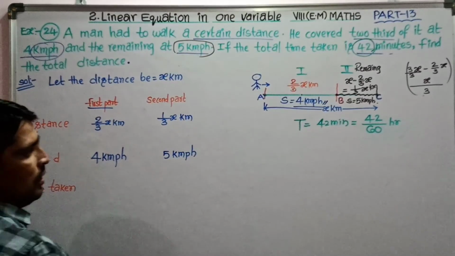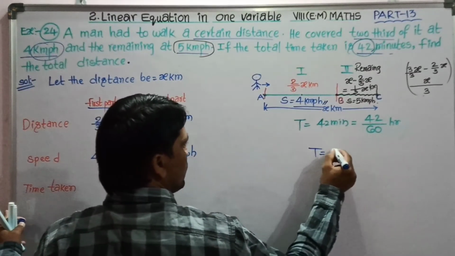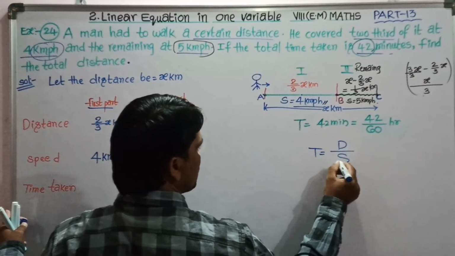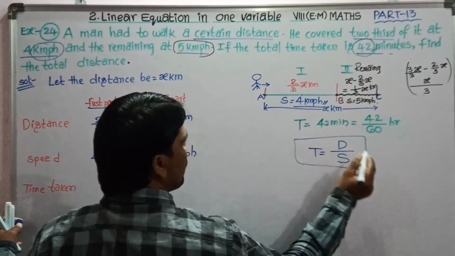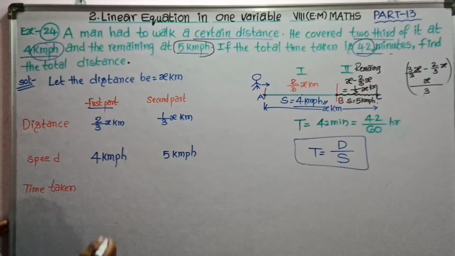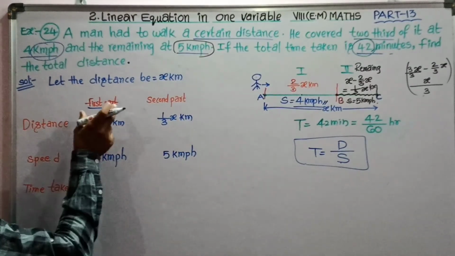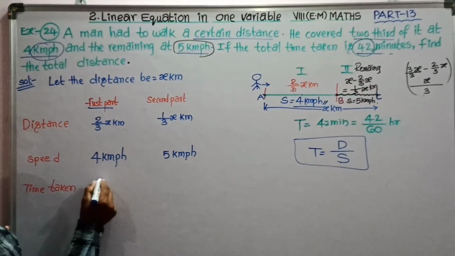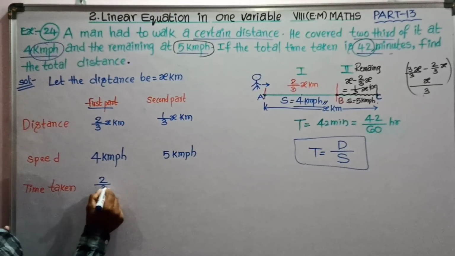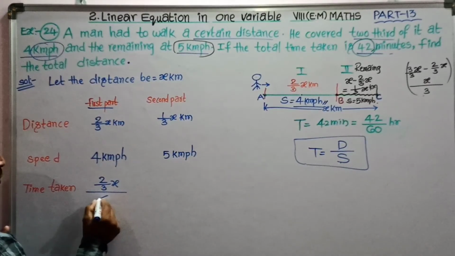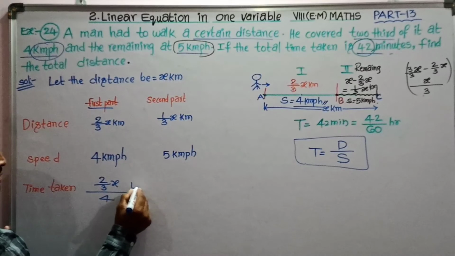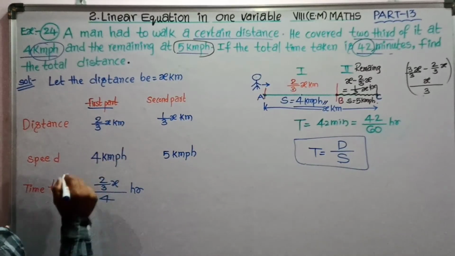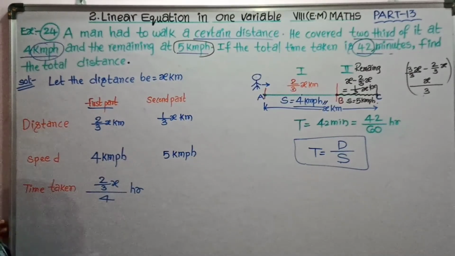Now time is given by the formula distance by speed. What is the time taken to cover the first part of the journey? That is distance 2/3 x by 4 hours. Kilometer gets cancelled, so we get only hours.